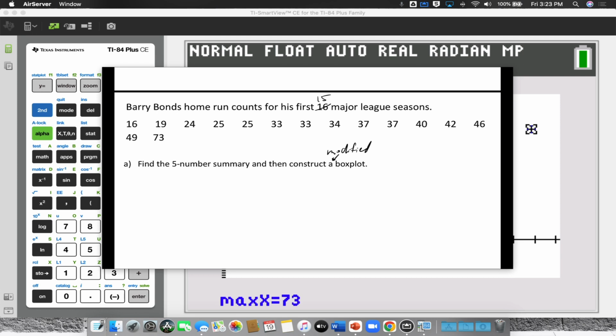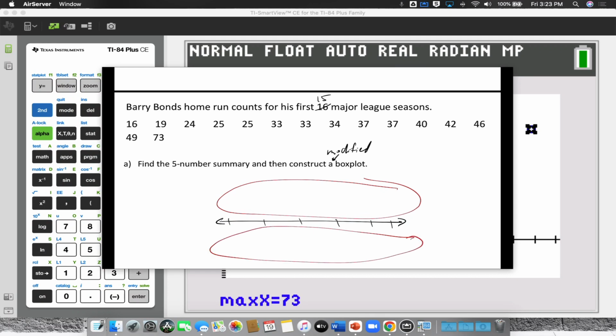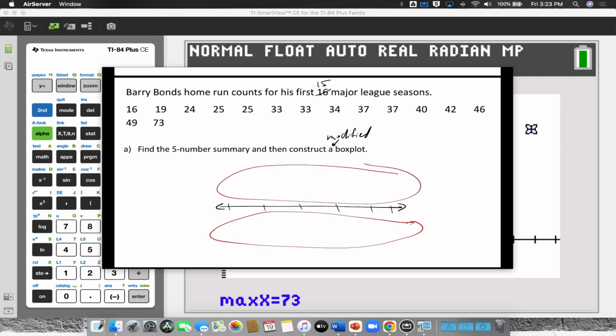You would create one number line, labeled by whatever you need to label by. You would graph one up here, which would be Barry Bonds's, and down here would be the other one. You do exactly the same thing you just did, except you're graphing them against each other using the same number line.